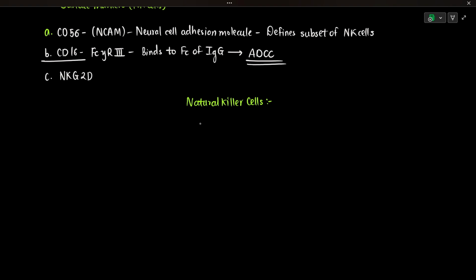There are two main types of natural killer cells. The first type is highly cytotoxic, but the cytokine production by this subtype is low.